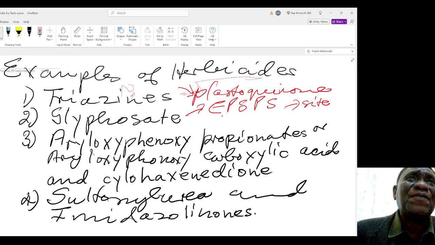But if it cannot bind to it, then the plant survives.